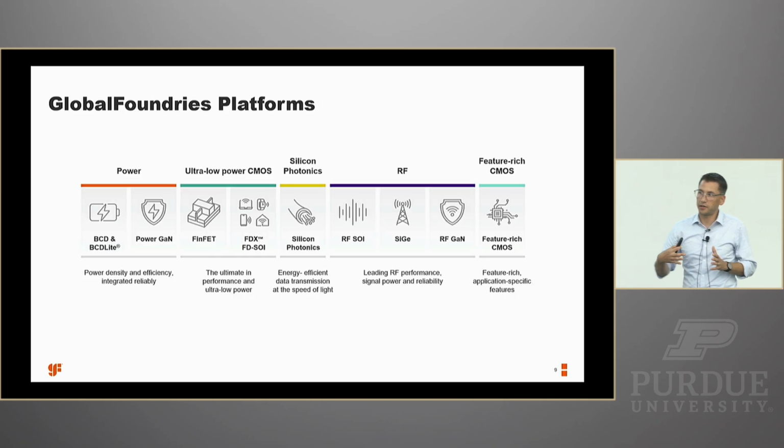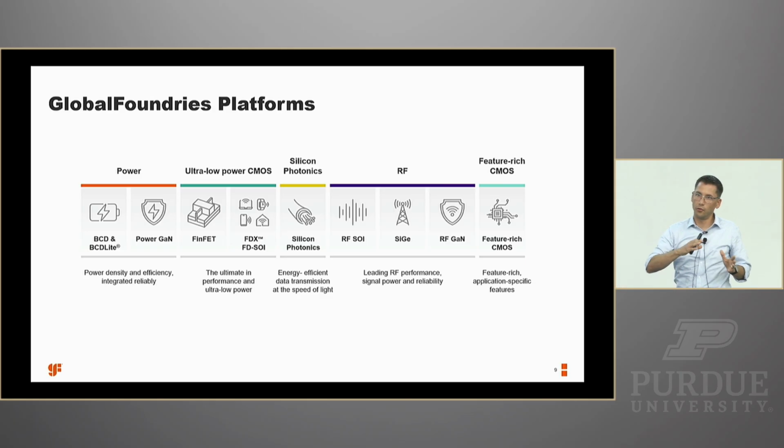So in terms of technologies and platforms that GlobalFoundries is involved in, in this chart here, there's a lot of 3-letter, 4-letter, 5-letter acronyms, and I'm not going to go through all that. I try not to get into those too much. But I'm going to focus here on the top line. So we have different platforms of technologies.